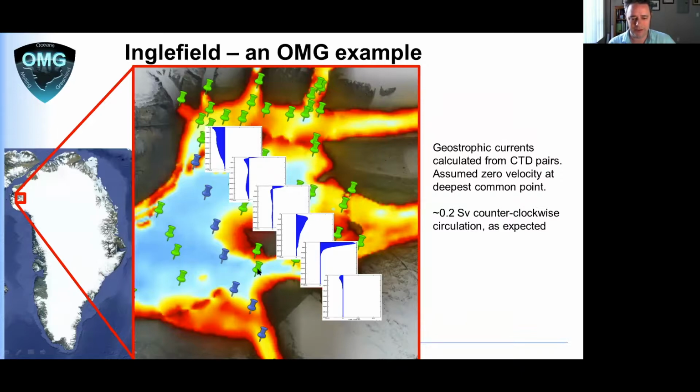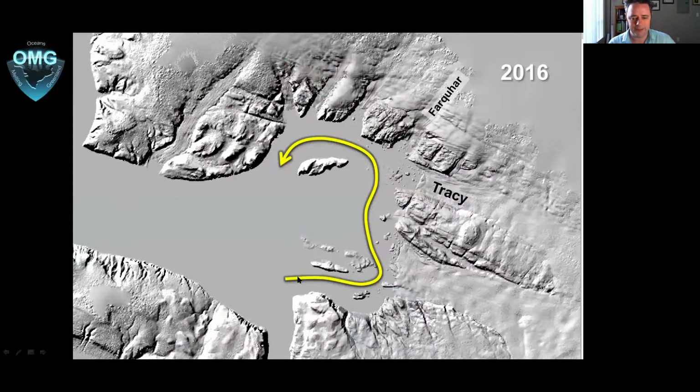Here there's also a large eastward velocity. And in the farthest north pairs, you have a westward velocity. So the general sense of the velocity between these stations looks something like this, where you have water flowing into this inlet on the southern side and out on the northern side, which is about what we assume about the circulation in there.